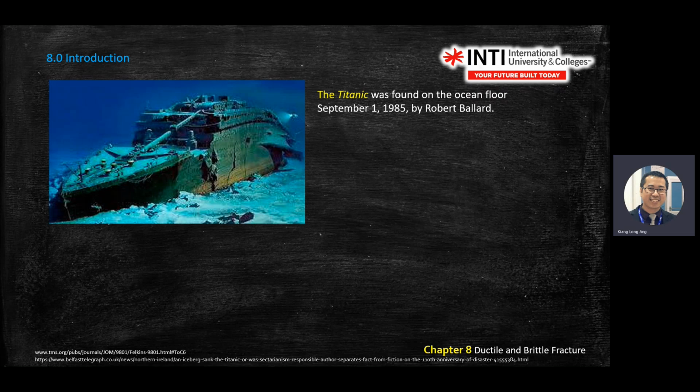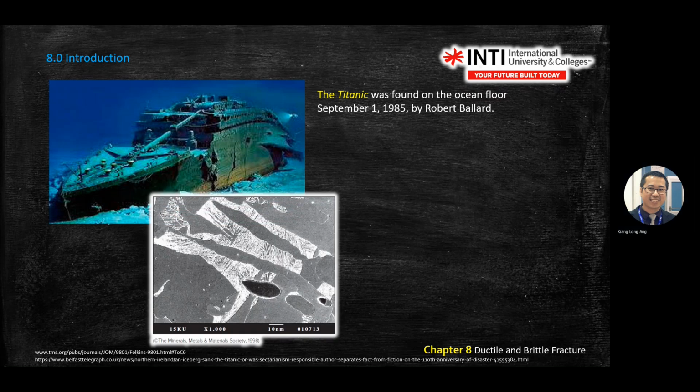One of the accidents or incidents that we're familiar with is the Titanic, right? Maybe not your time. There's a famous movie on the Titanic, a very old movie. The Titanic sank because of the material's brittle properties.